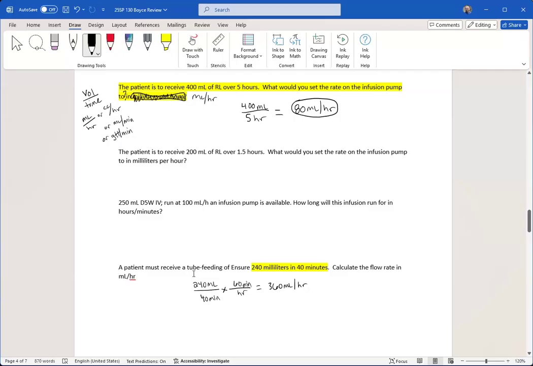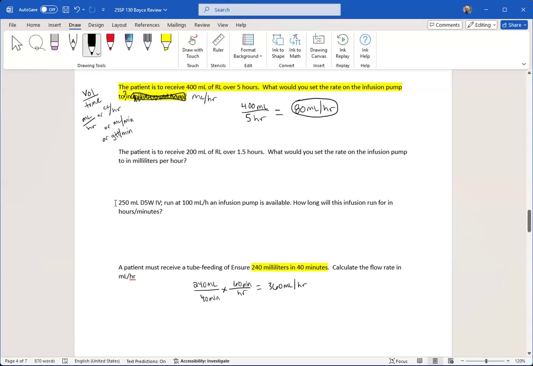Now let's talk about the next iteration. Let's say I have an infusion running and I want to know how long a particular infusion will run for. And then basically when to check it, when to replace it, or when to evaluate it otherwise.